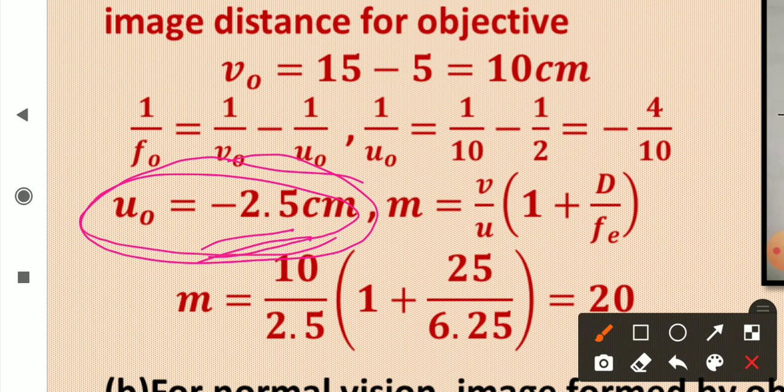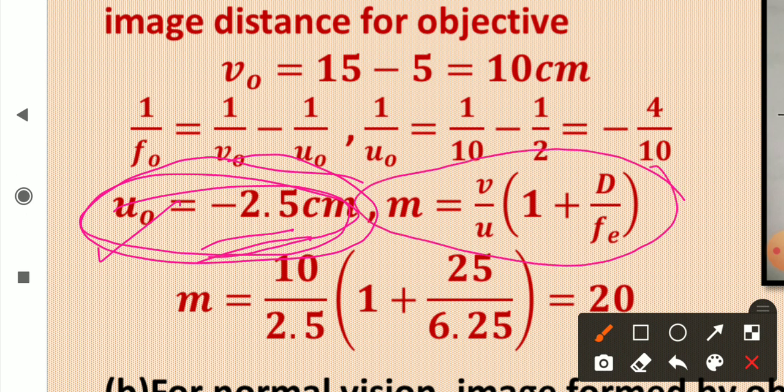This is what we wanted, one part. And then we have to find out the magnifying power. Now, the relation for magnifying power when the image is formed at the least distance of distinct vision is this one, that is V upon U. This V upon U are for objective lens and 1 plus D upon FE.